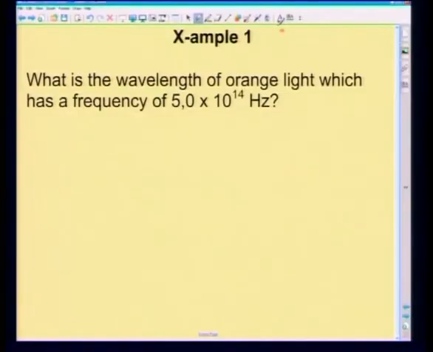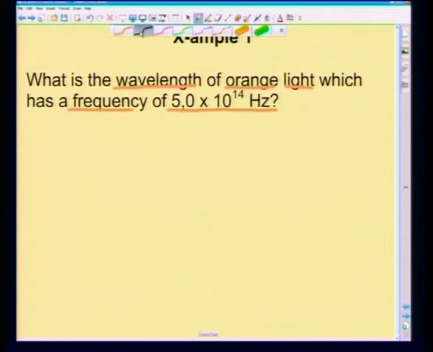I've got example 1 here. What is the wavelength of orange light, which has a frequency of 5.0 by 10 to the power 14 hertz?